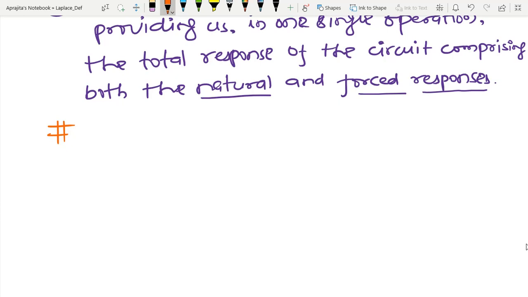So let us try to understand the idea of transform.